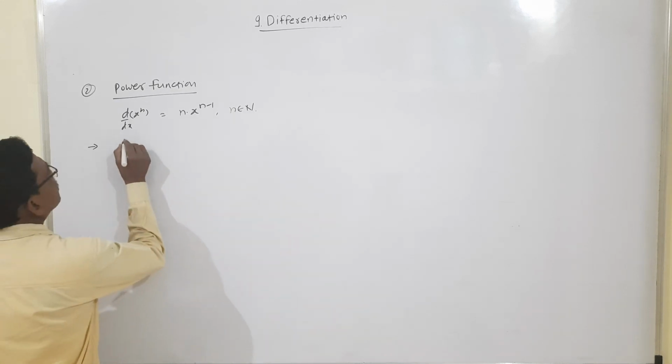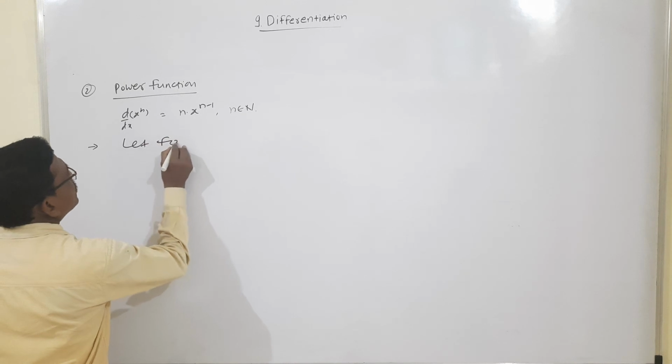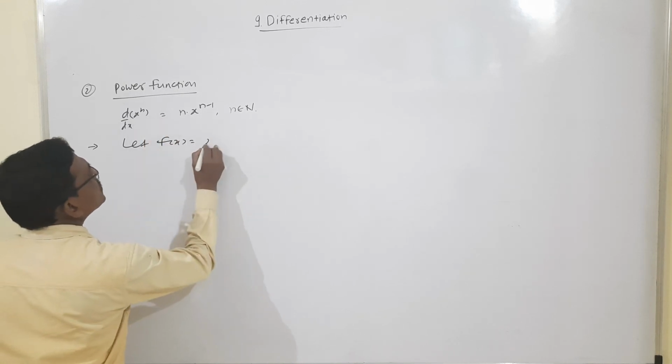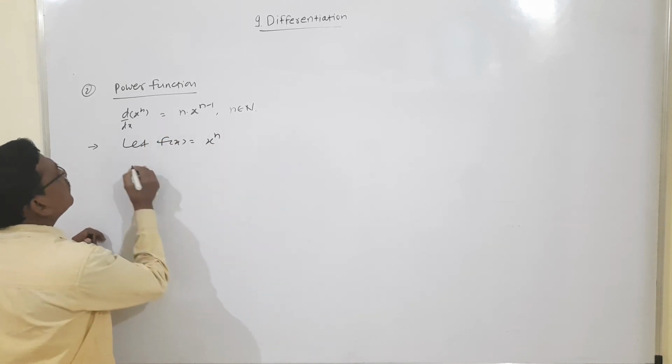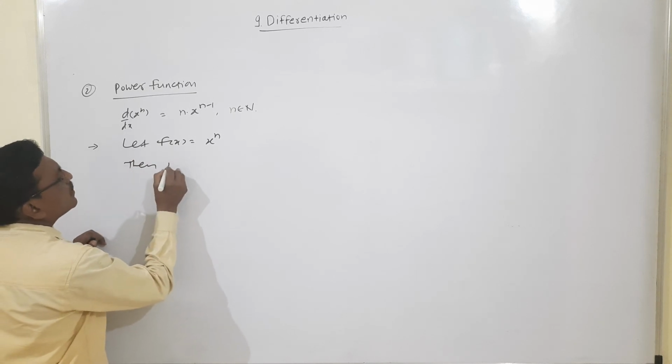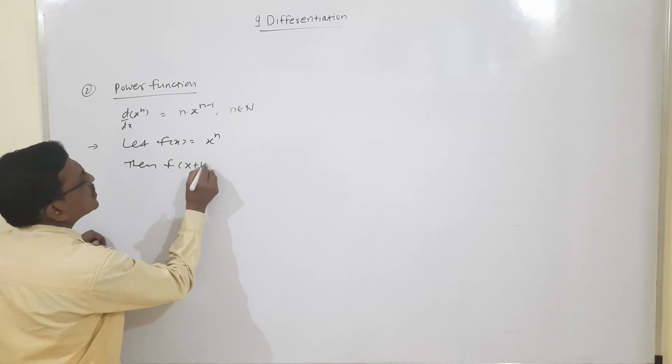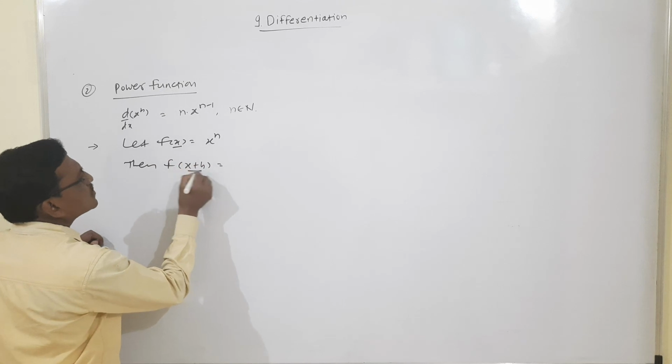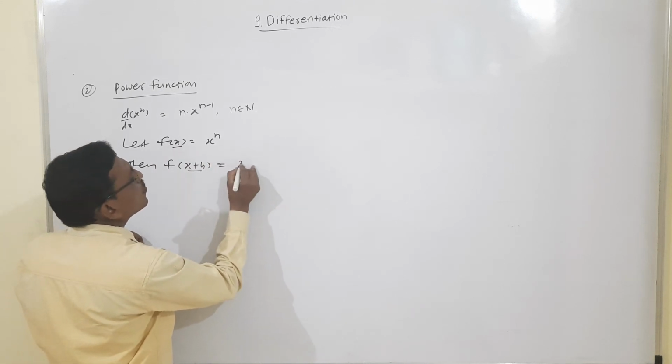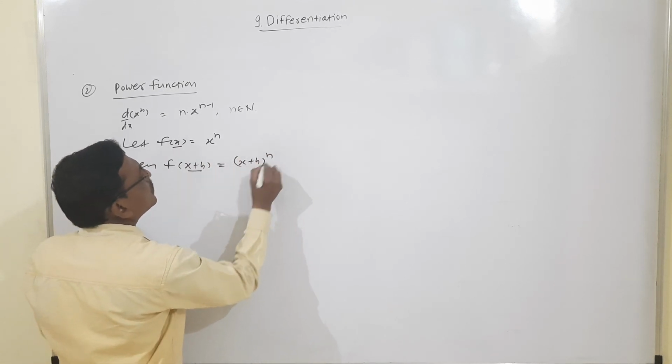So consider, let our function f of x equal x raised to n. Then we write, where there is x, we write x plus h. On the right hand side also, x plus h raised to n here.